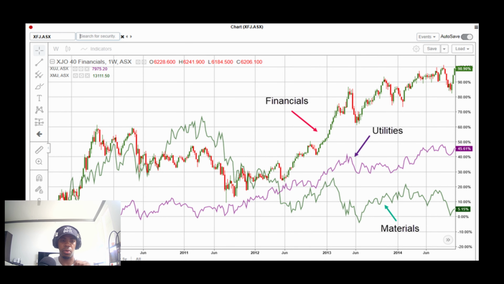So furthermore, most trading platforms allow investors to compare different sectors overlaid on the same chart. In this example, it basically displays the financial sector with an overlay of the utility and material sector on a weekly chart. This basically is a very powerful resource as investors can see at a glance how each sector is performing relative to the other sectors, right?